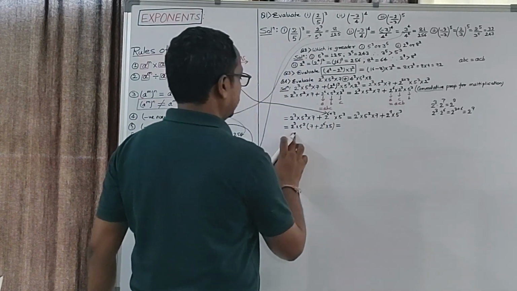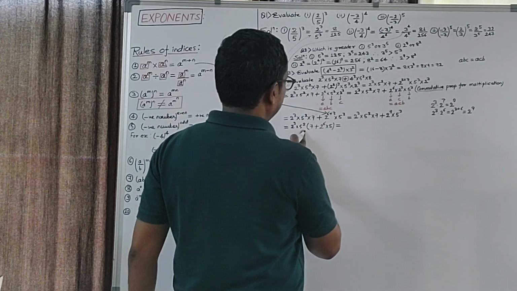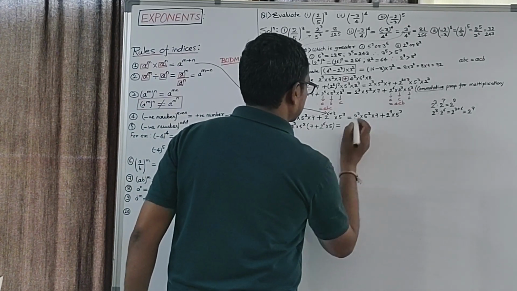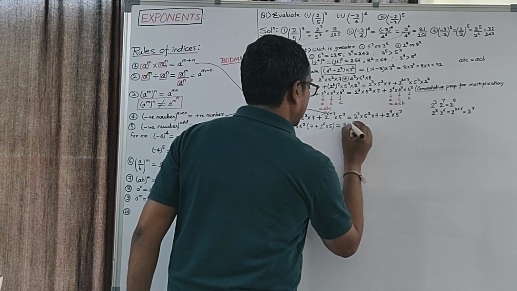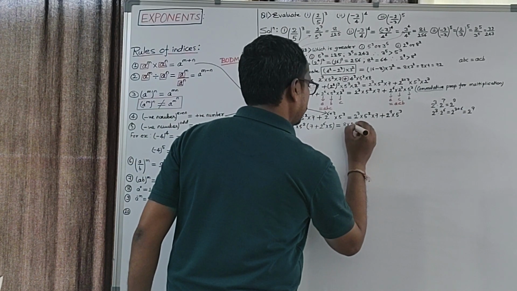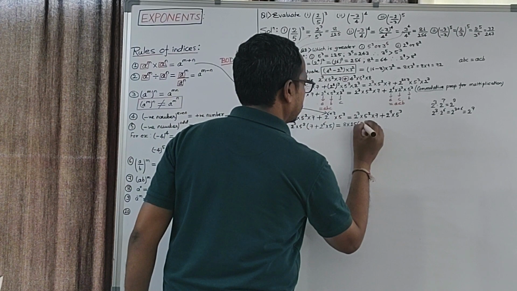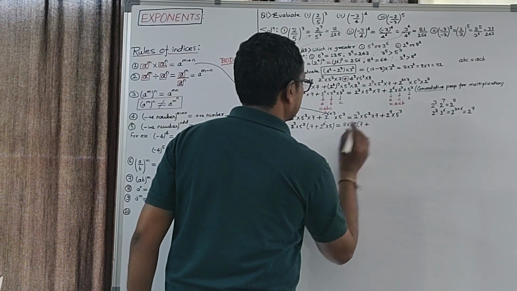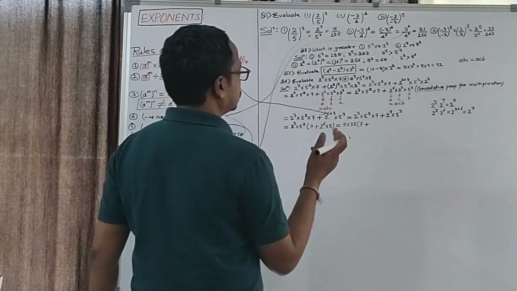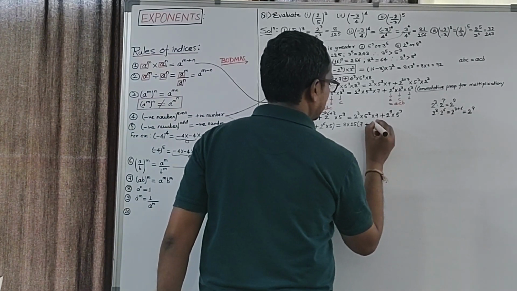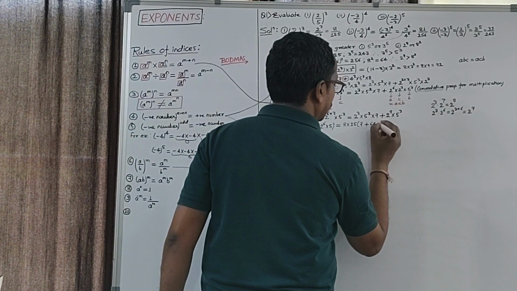2 to the power 3, 5 square: so it is 8, it is 25, it is 7, plus 2 to the power 6 is 64, into 5.